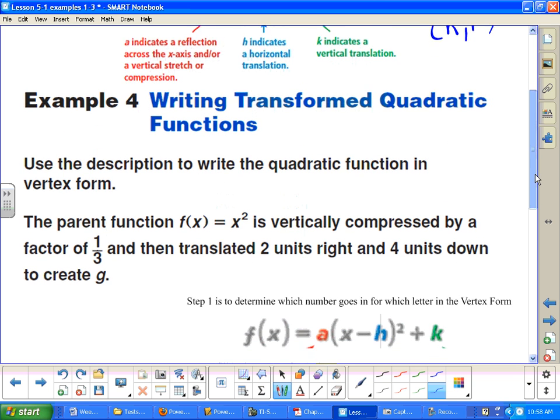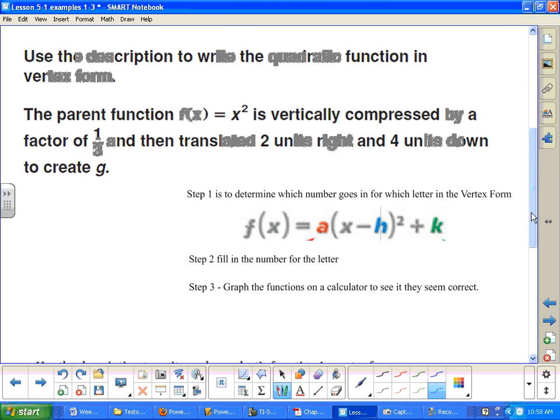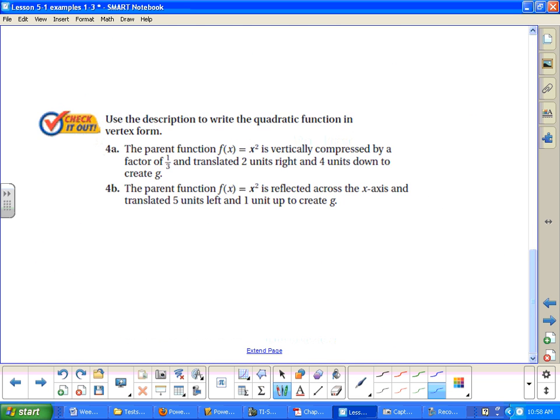So here we're going to use this description, write a function in vertex form, and then we're actually going to do a quick graph of it too. I'm going to have to make a little bit of room for my graph.